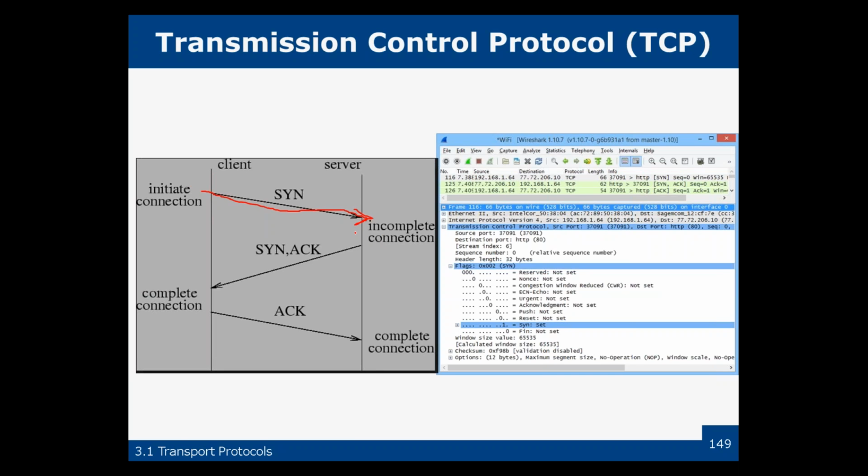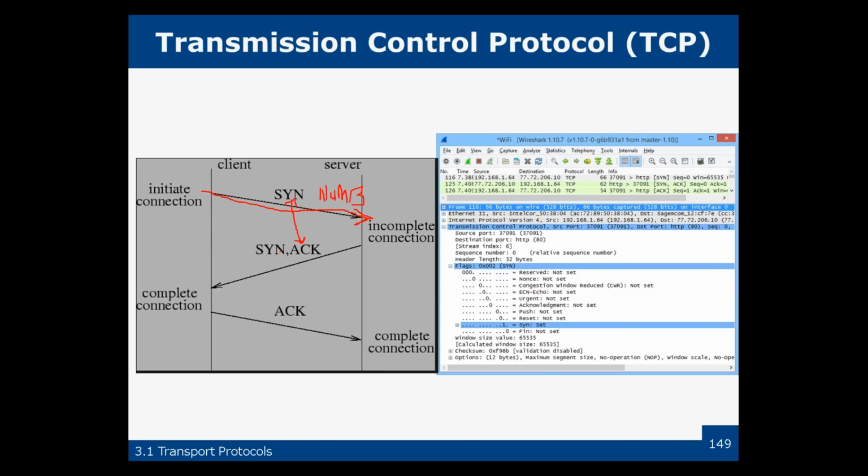This is an incomplete connection. And what the SYN packet does is send the start of the numbering system, as well as I want to have a conversation. Here's the numbering system that I'm going to use. The SYN-ACK is actually the acknowledgement, and the ACKs are acknowledgement, and the SYN are synchronization.